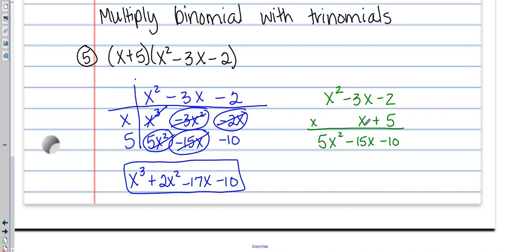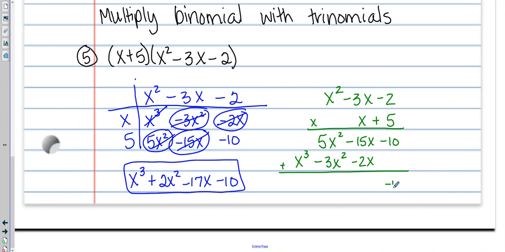Now I'm going to move on to the x, and it's going to be lined up. So I'm going to start here. X times negative 2 is negative 2x. X times negative 3x is negative 3x squared. And then x times x squared is x to the third power. And we're going to go ahead and add straight down.